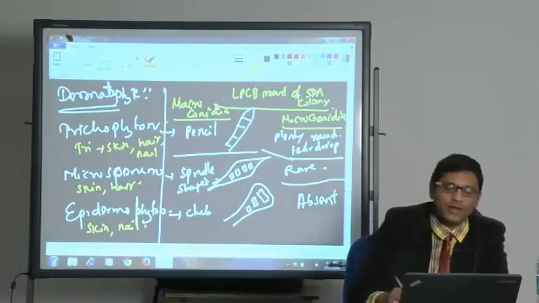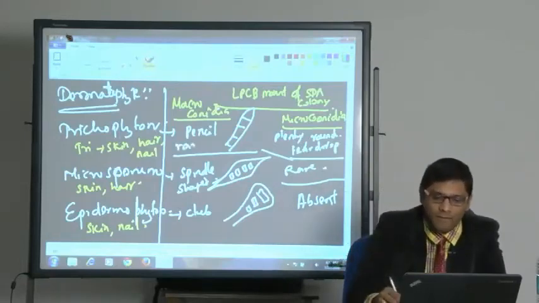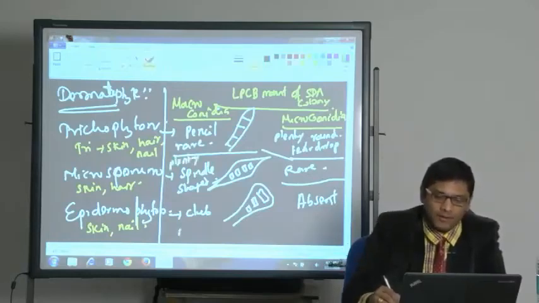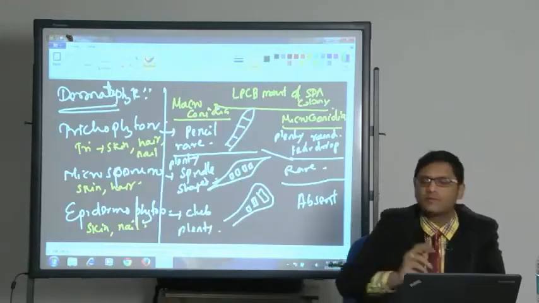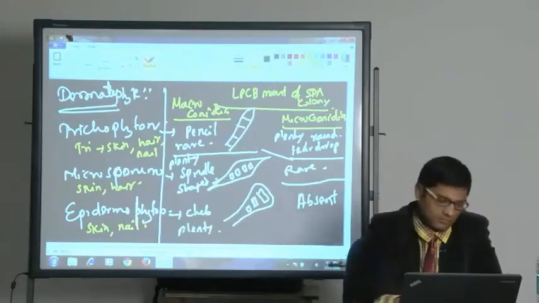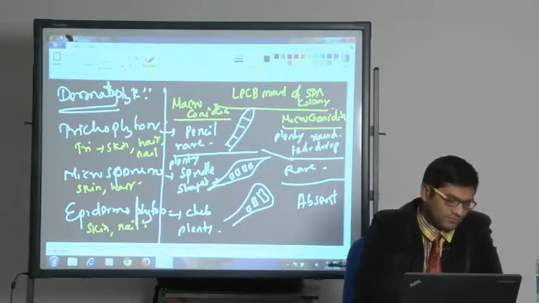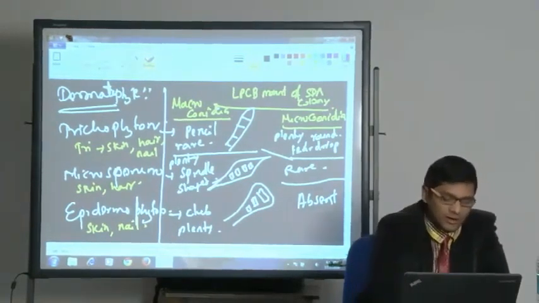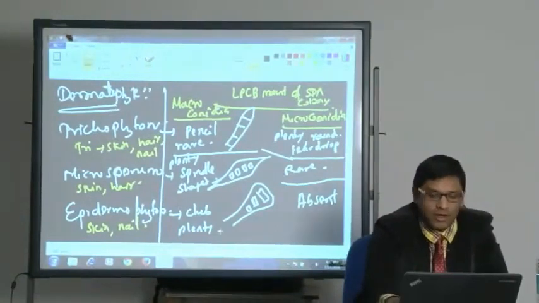Similarly, macroconidia in Trichophyton will be rare, whereas Microsporum and Epidermophyton will have plenty of macroconidia. Okay. So this is the point of difference between all dermatophytes, what you have to remember.